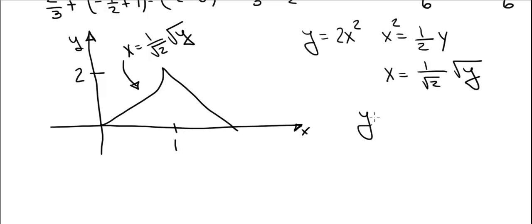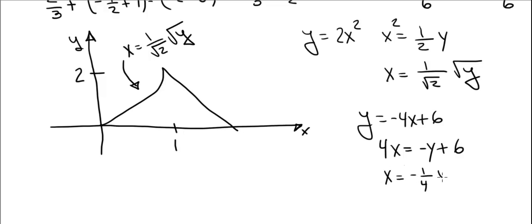Now y equals minus 4x plus 6 gives us 4x equals minus y plus 6. Dividing by 4, x equals minus 1/4 y plus 6/4, which is 3/2. This part, the right part, is x equals minus 1/4 y plus 3/2.